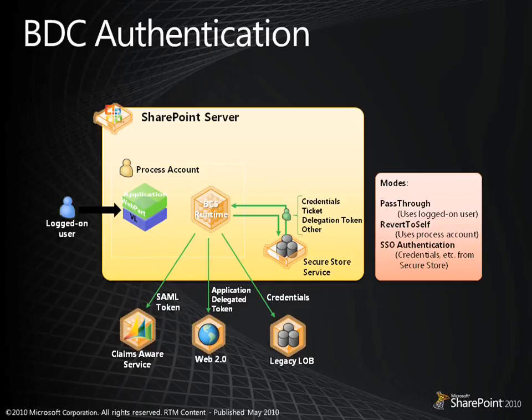With revert to self mode, which is named after the method call which stops a thread from impersonating, the service account will be used to access the line of business data. Where the request is sourced from IIS, this will be the application pool account. The line of business system administrators must grant this single account enough privileges within the system to allow the SharePoint solution to run.